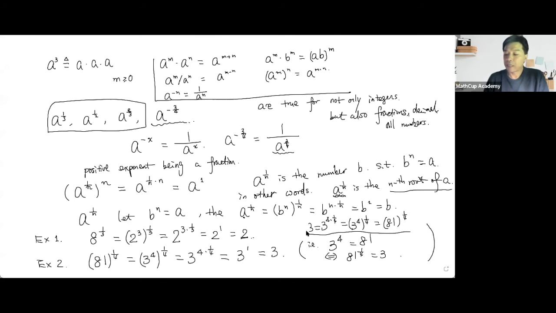So that basically gives us the definition of what it means for any number to be raised to the power 1 over n. Now let's look at fraction exponents with more general forms, a to the power m over n. We already know what a to the power 1 over n means, right?